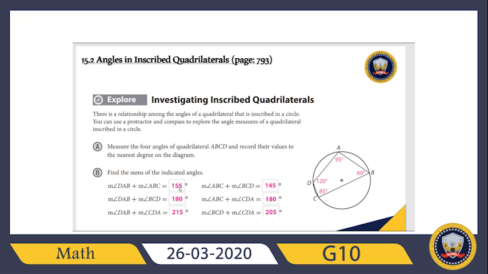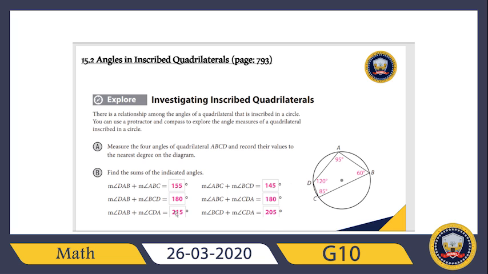All right. What can you see about these values here? You see that if you are adding opposite angles, their sum is always 180. But there is no specification of adding consecutive angles. So consecutive angles differ. Look, 155, sometimes 145, 205, 215.